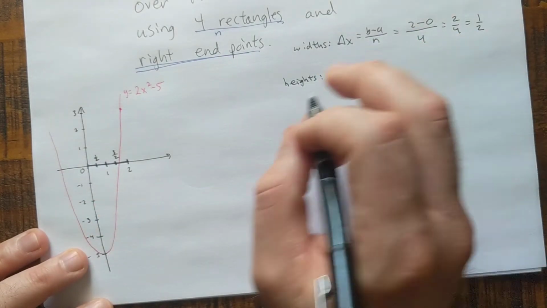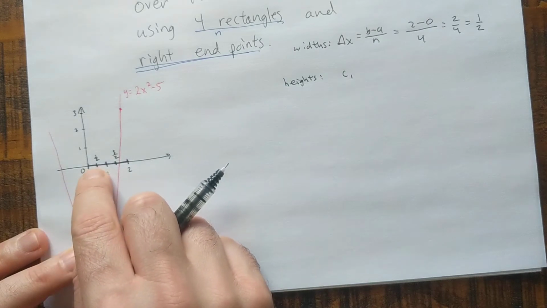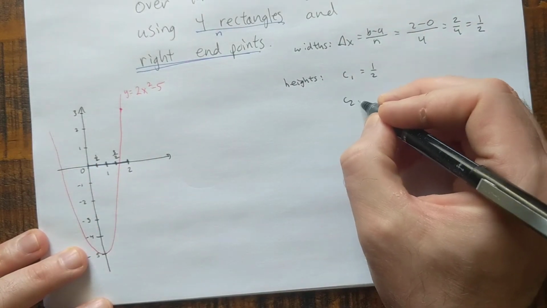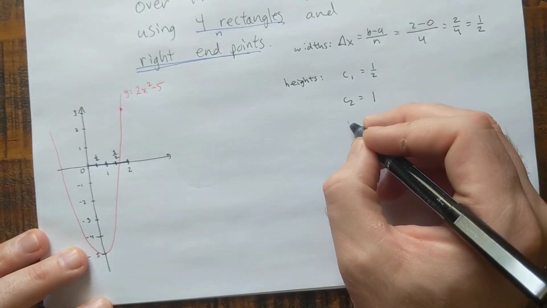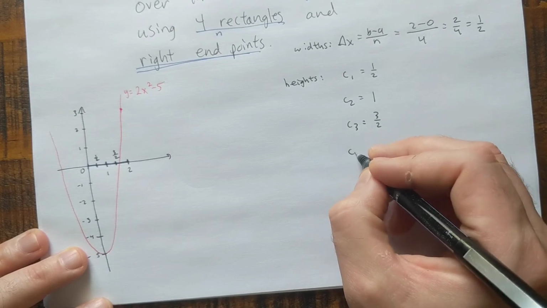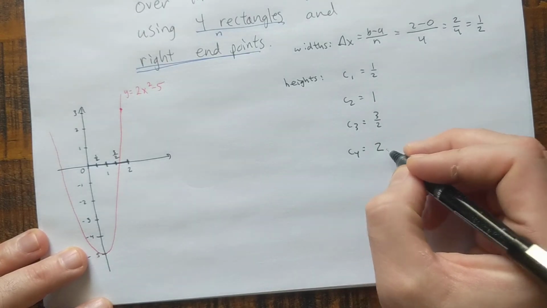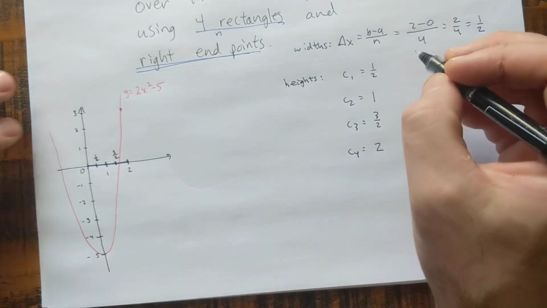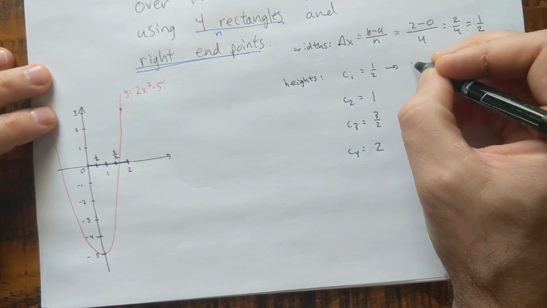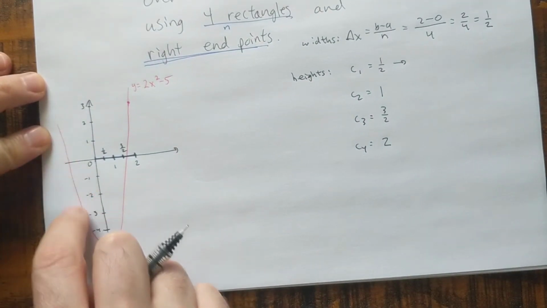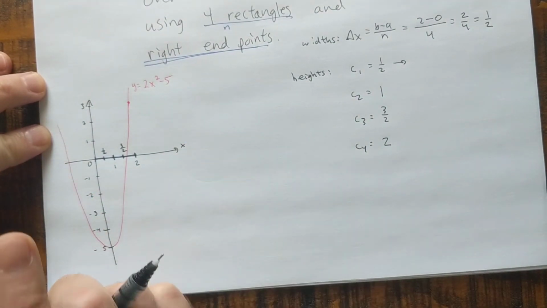And since I'm using right endpoints, I'm using the right ends of each of these subintervals. So my first one is 1/2. My next one's 1. My third one is 3/2. And my last one is 2. Okay, so how does this affect what's going on? One thing to notice over here is that our function actually goes under the x-axis, and that hasn't happened yet.